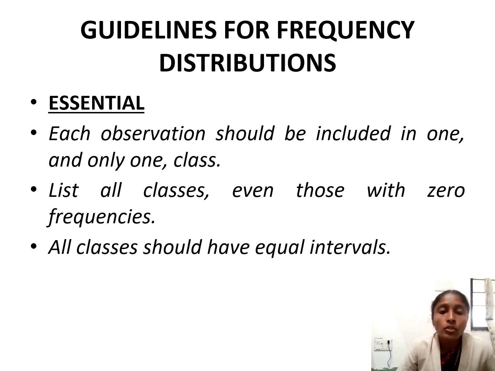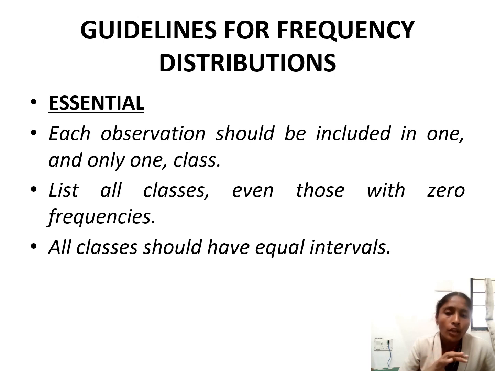Then the second rule is to list all the classes even with 0 frequencies. This method we follow in ungrouped data also. Suppose any one of the data values is not present, we still include it in the list. The same way here, in the frequency distribution for grouped data, we should categorize the classes.